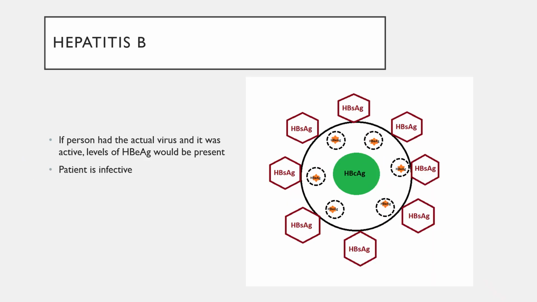Now let's bring back our friend, or more accurately, our warning sign, HBeAg. When HBeAg is present, it tells us the virus is actively replicating, the viral load is high, and the patient is highly infectious. So clinically, this is not a quiet infection, it's a busy one. Think of HBeAg as the virus waving a giant flag that says, I am making copies of myself at an aggressive pace.